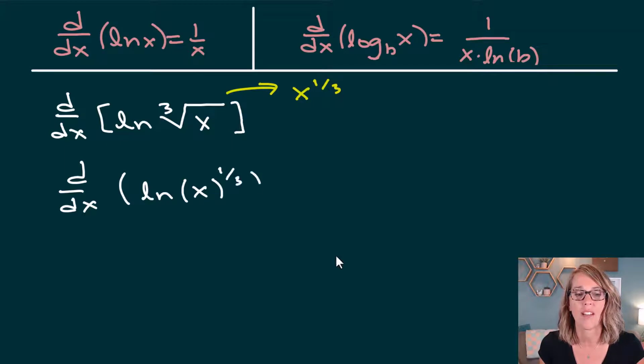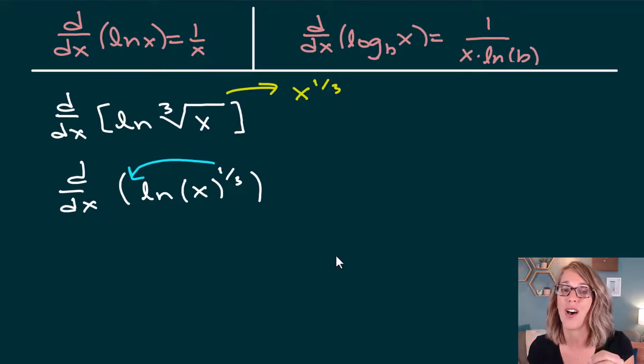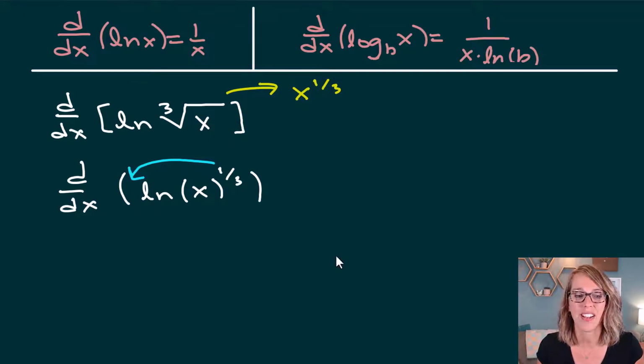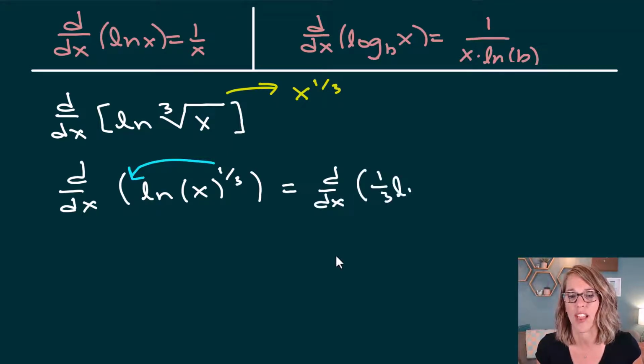Well, any power that I have inside of a logarithm can be brought out in front as a constant multiplier. Remember, logarithms are exponents, so I can bring those exponents down with the logarithm. So as I rewrite this one more time, I have the derivative of 1/3 times the natural log of x. This becomes a much simpler problem.